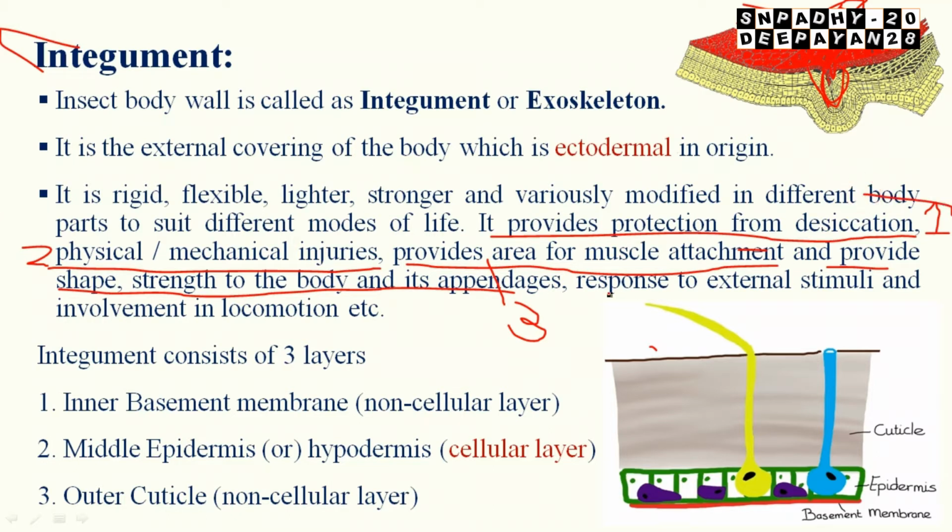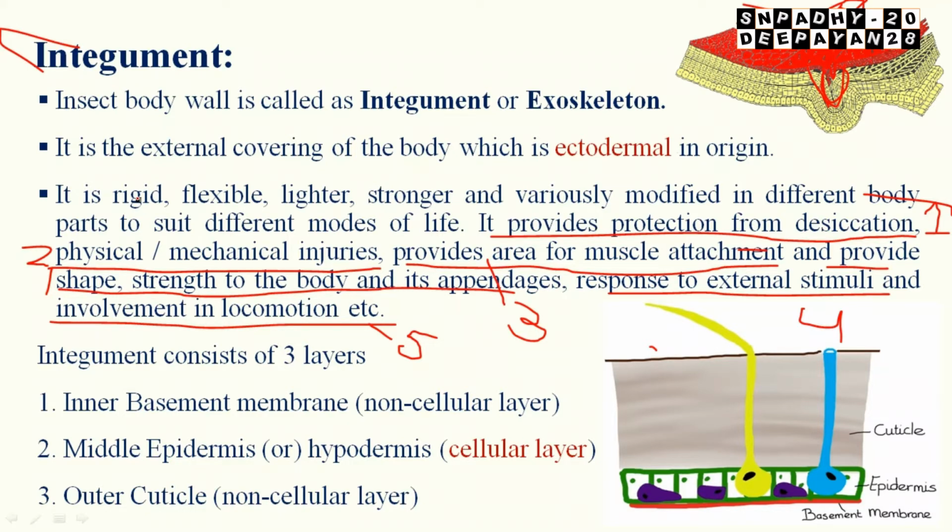Also they provide response to external stimuli, as sensory structures will be there, and they are also involved in locomotion. Any kind of moving process will be carried out by these integuments, starting from rotating the antenna to the walking of the insect.